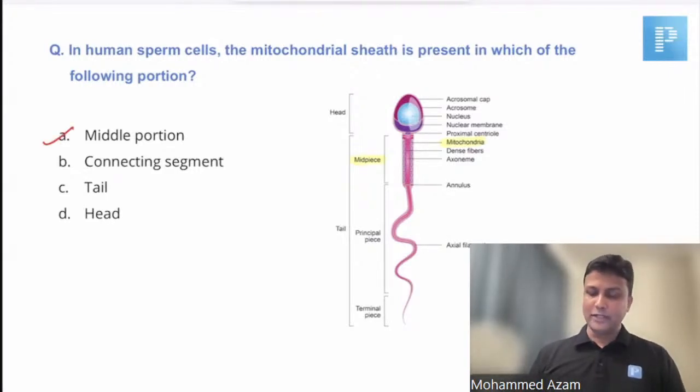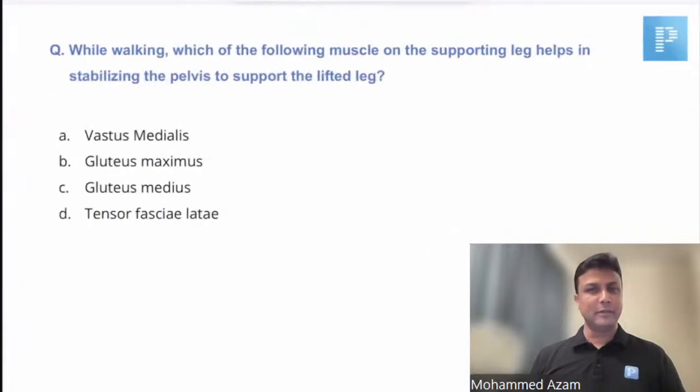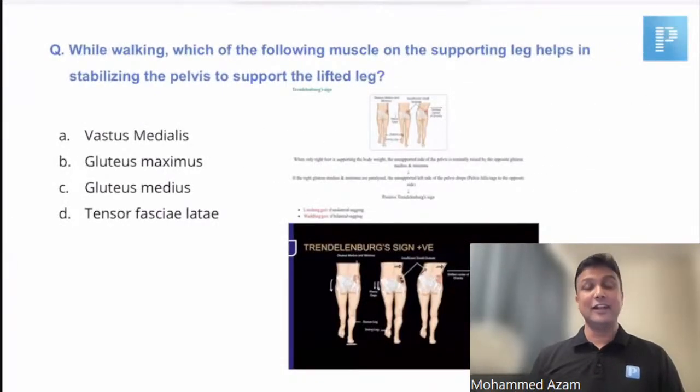Now moving ahead with the second question. While walking, which of the following muscles on the supporting leg helps in stabilizing the pelvis to support the lifted leg? We have discussed this concept a lot of times, especially in the recent rapid revision session I have taken on the PrepLadder app.